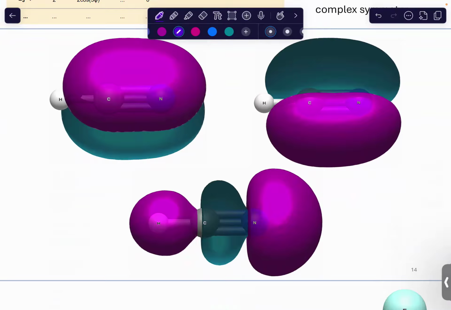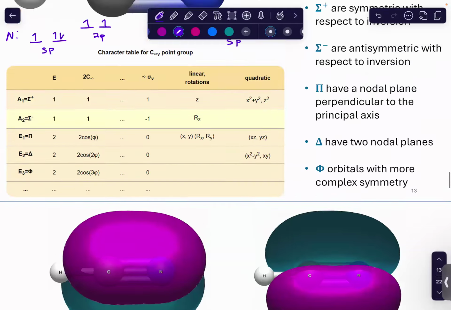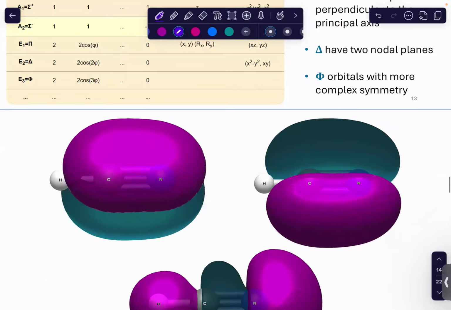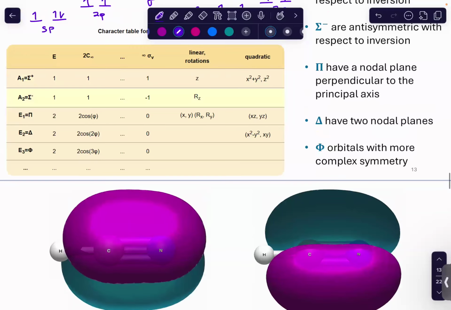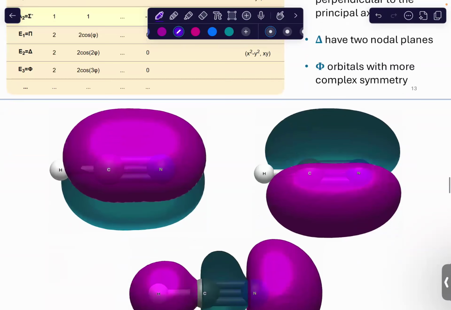What's the one where it has 3? Is that E? No. E is doubly degenerate, so 2 orbitals that are of the same energy. But you can also link this. Look at those. Do you see between them?